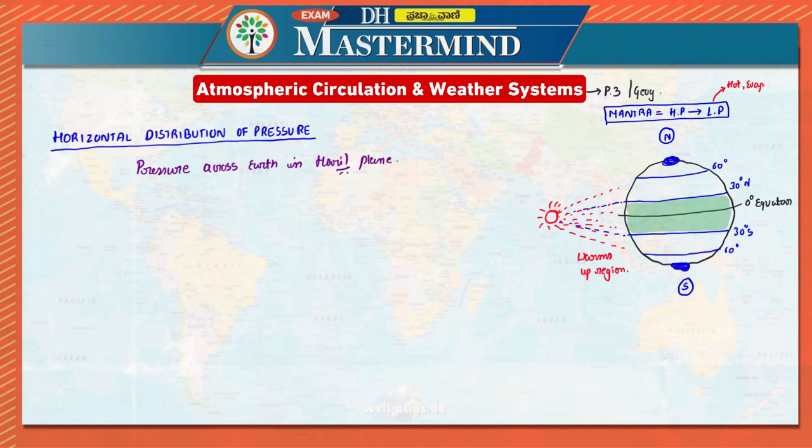In the previous part we had seen how pressure differs in the vertical scenario, that is with altitude, and that pressure decreases with increasing altitude.